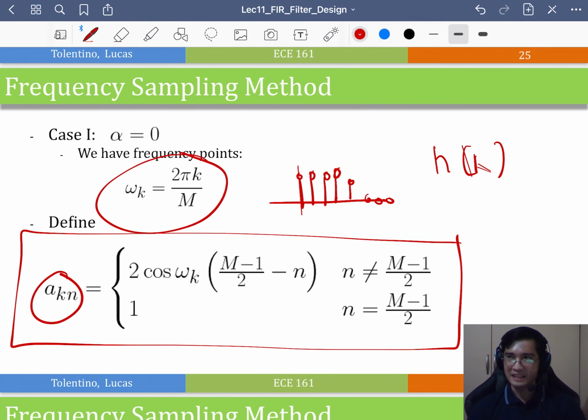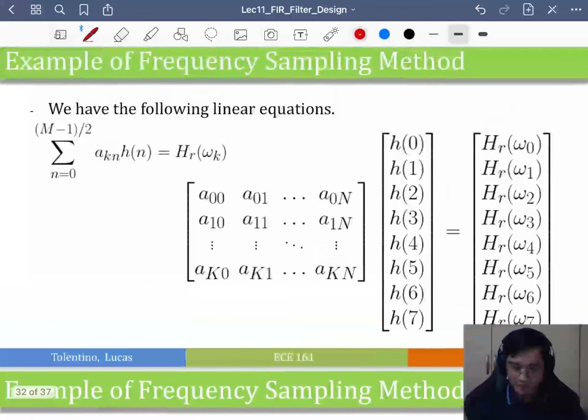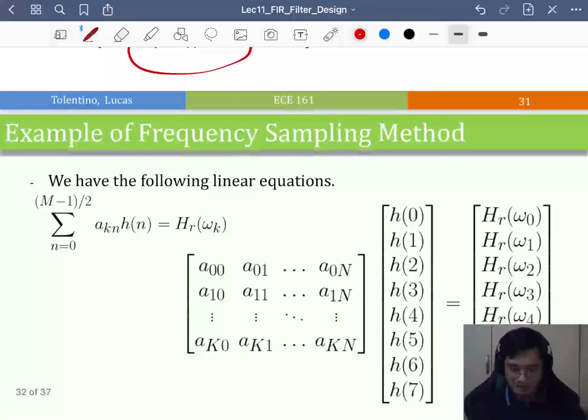Actually, K by N is a square matrix because K is equal to N. The number of frequency points is equal to the number of points in N, as we discussed in the discrete Fourier transform. So we have a square matrix, capital A, K by N.